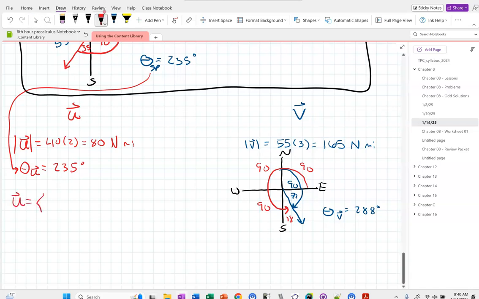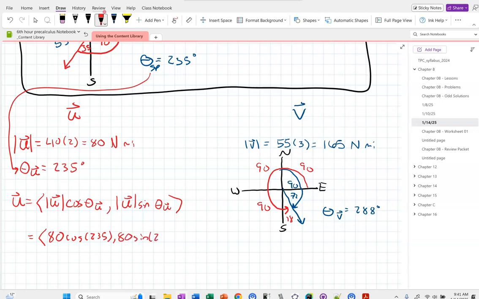To convert a vector into component form, we'll do the magnitude times cosine of the direction, comma, magnitude of the vector times sine of the direction. So in this problem, that would be 80 times cosine 235, comma, 80 times sine 235.